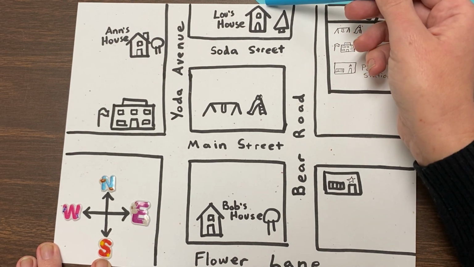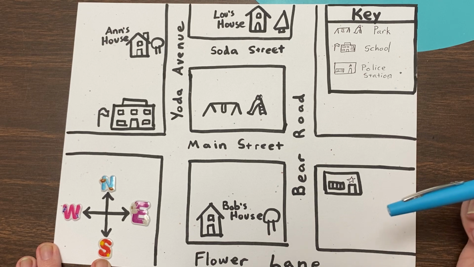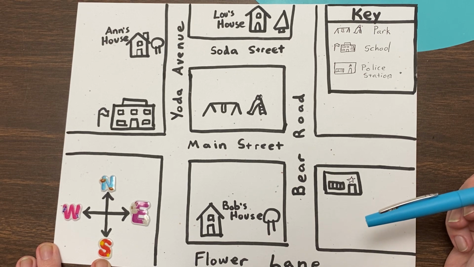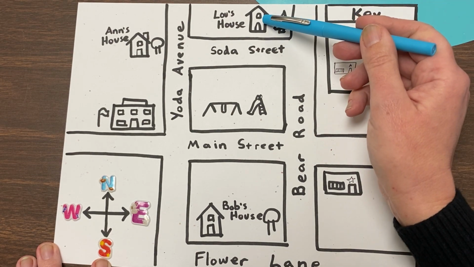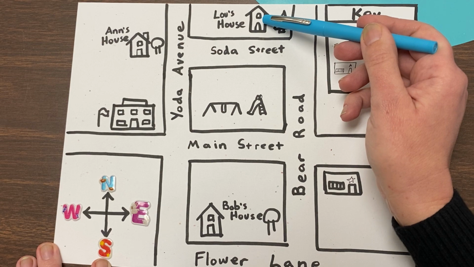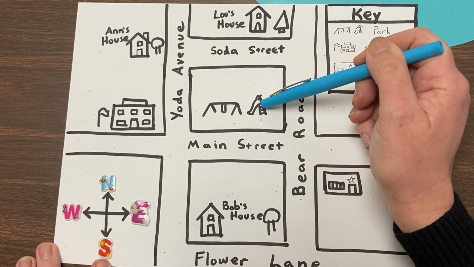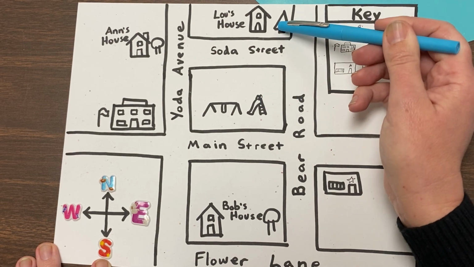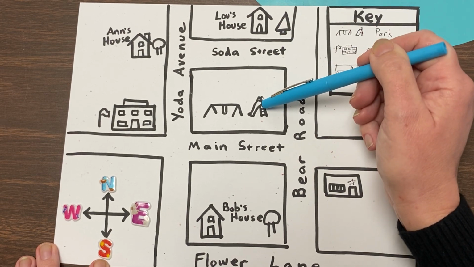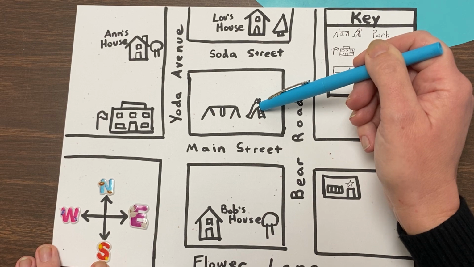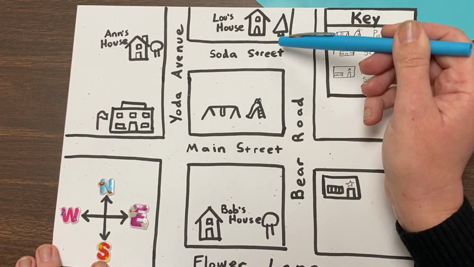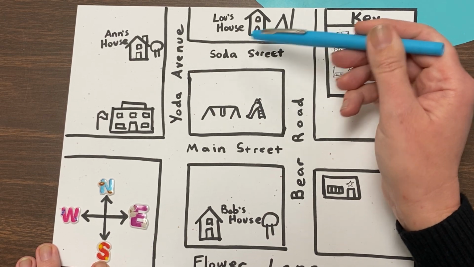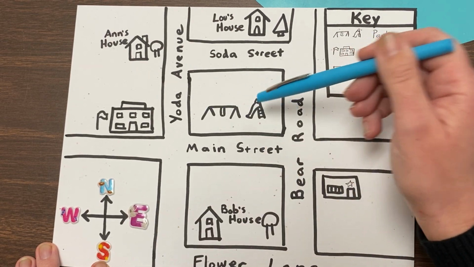Now look at Lou's house and the playground, the park. Lou's house is blank of the playground. What is it? Lou's house is north of the playground.